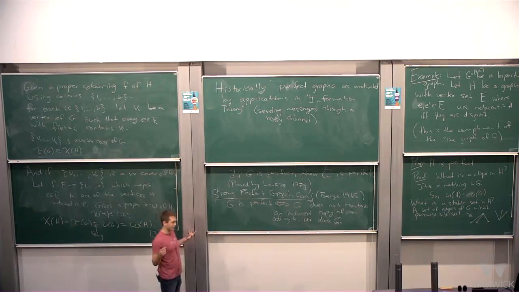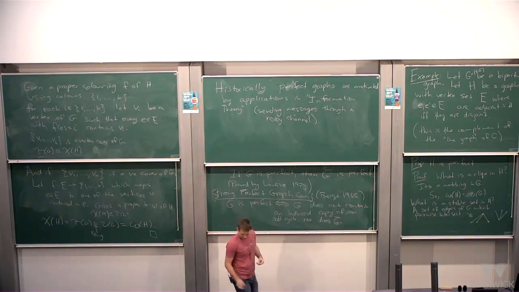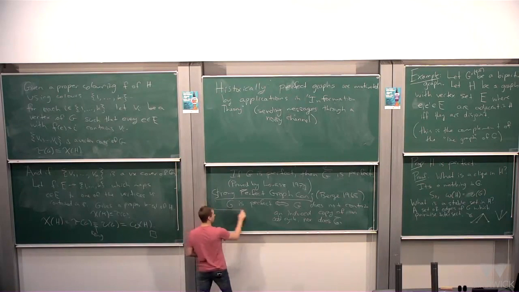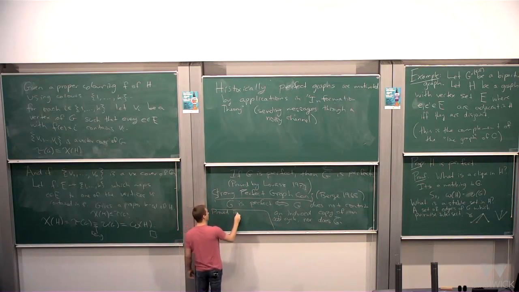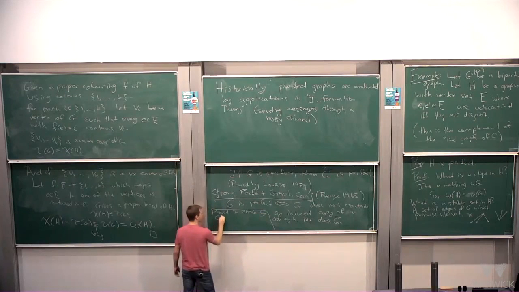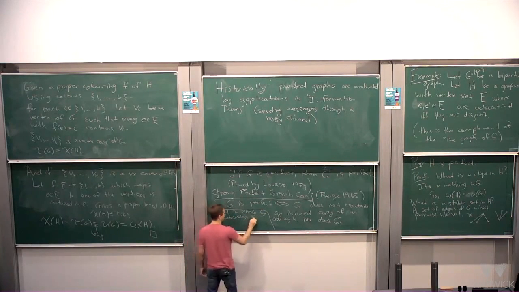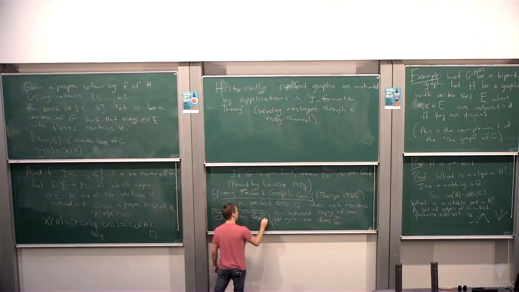Okay, so I think this is a really nice structural characterization of these graphs. And this was open up until 2006. The strong perfect graph conjecture was proved in 2006 by Chudnovsky, Robertson, Seymour, and Thomas. This is just to give you some background.